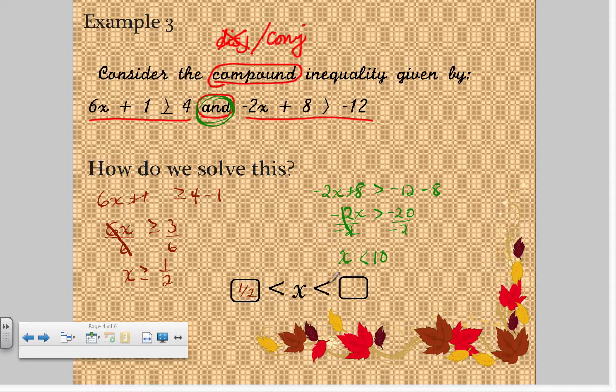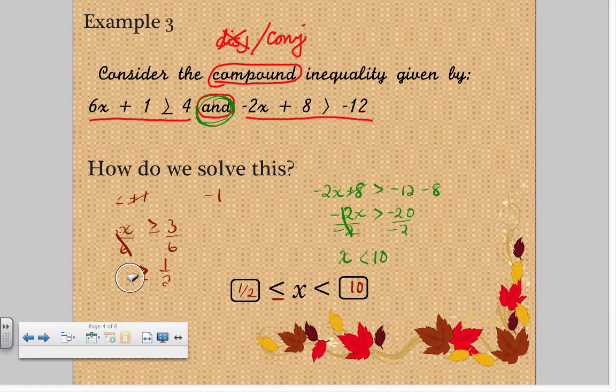Lower number on the left, higher number on the right. This is a less than, so it stays less than. But what's going on over here? If I rewrote this, 1/2. Oh, x is greater than or equal to, so I got to put an equal to sign in there. So that's what I have as my answer.